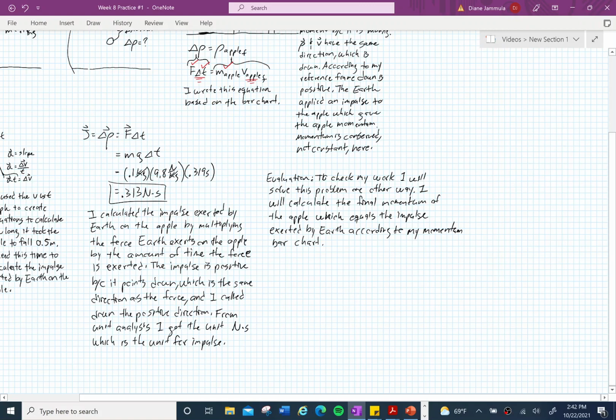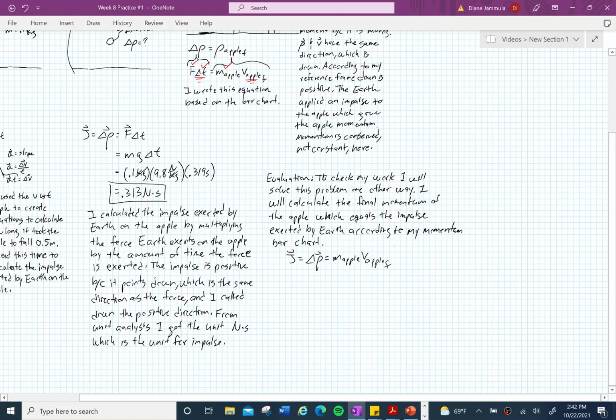Impulse equals change in momentum, which is the same thing as the final momentum of this apple: the mass of the apple times the velocity of the apple final.